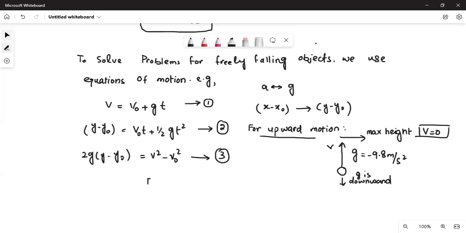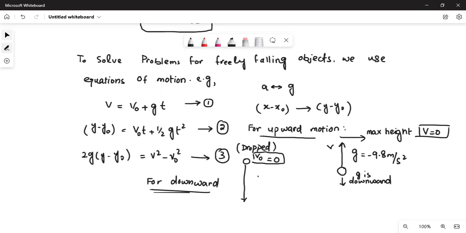For downward motion, what will happen? The g will be positive. For example, it starts moving downward. If you drop it, then v naught is 0 meter per second.